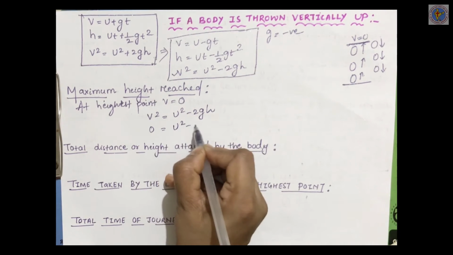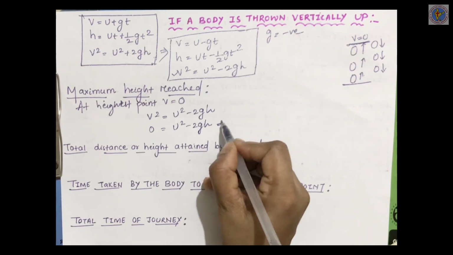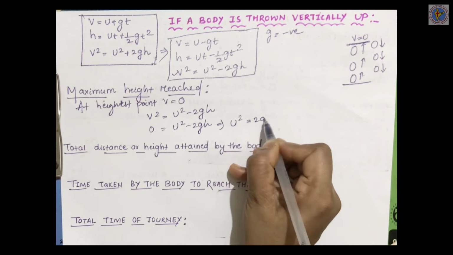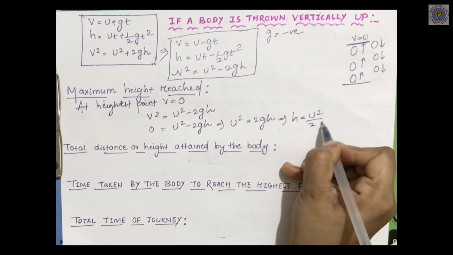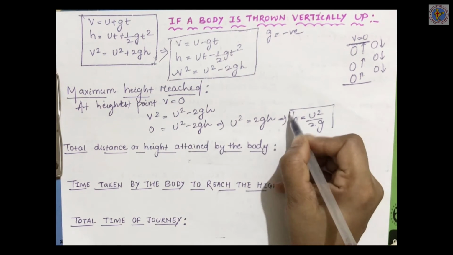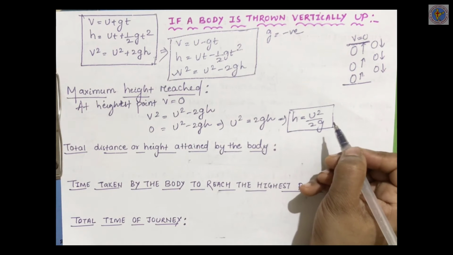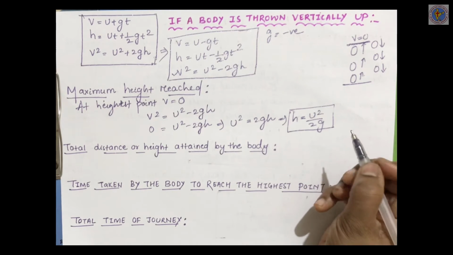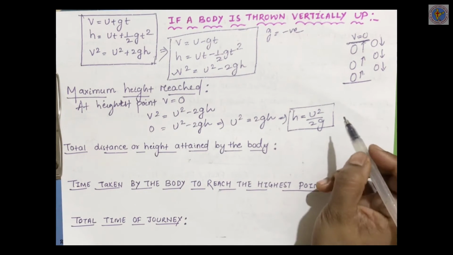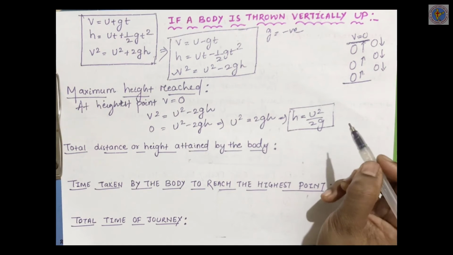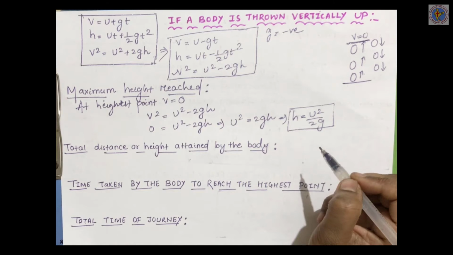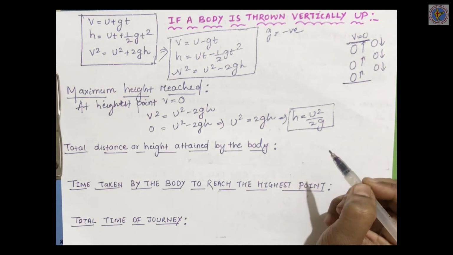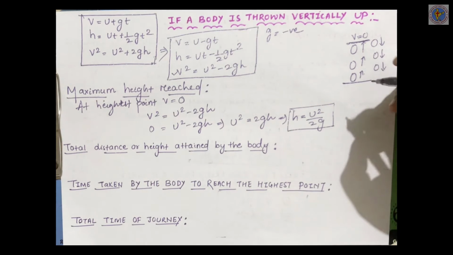So u square is equal to 2gh, or h can be written as u square by 2g. This is an expression to find the height of a body when it reaches the highest point. Now, what will be the total height attained by the body in a particular journey?